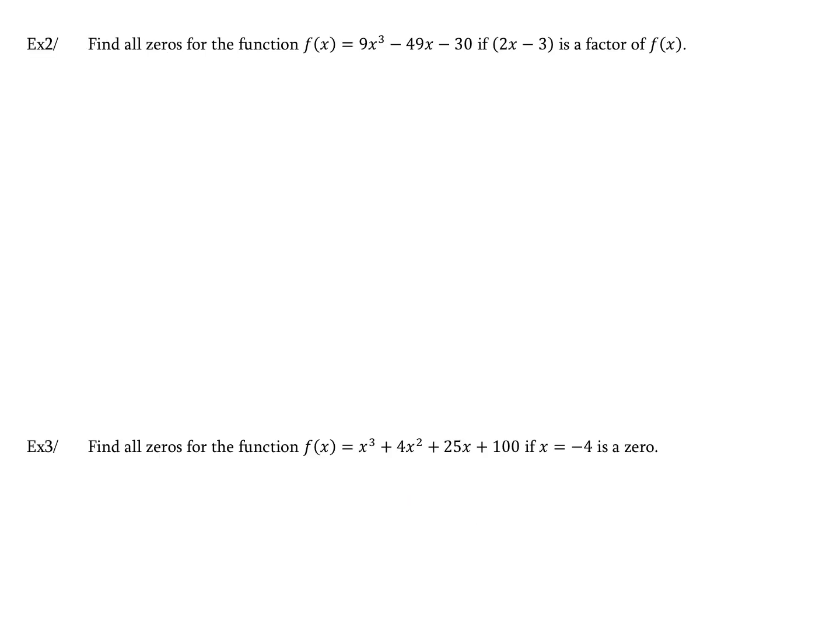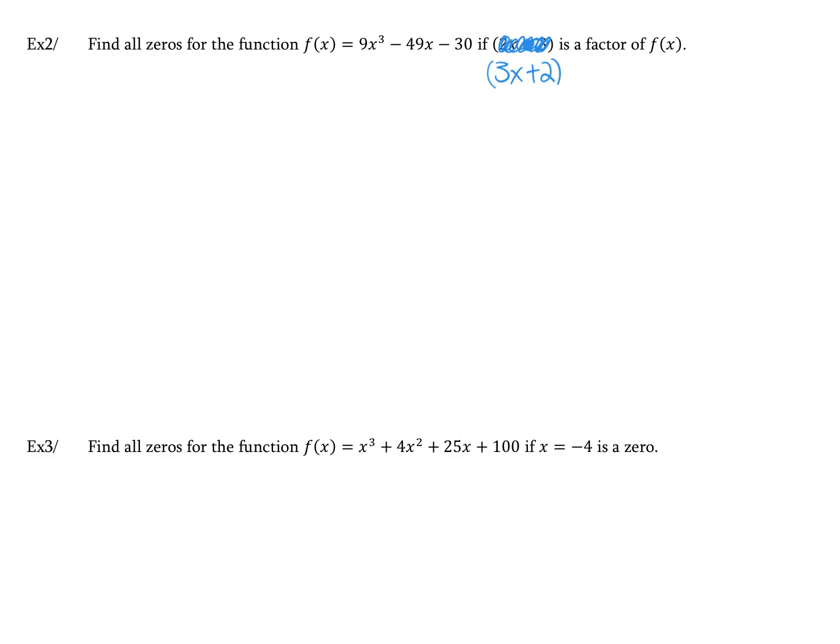For this example, you can see we're still trying to find all zeros for the function here, except in this case, we have a factor of the function. And in fact, this is the wrong factor. This should be 3x plus 2 is a factor of that function.